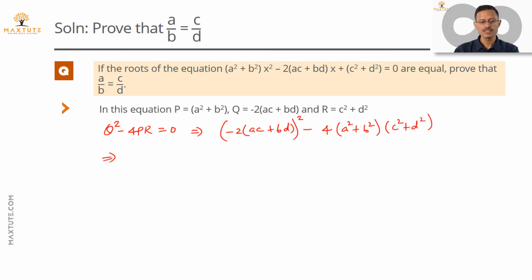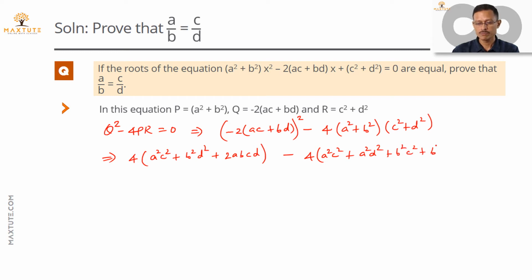Let's square this term, which is 4 into, of the form (x + y) the whole square, which is x², a²c², plus y², which is b²d², plus 2xy, which is 2 into ac into bd, we'll write it as abcd, minus 4 into (a²c² + a²d² + b²c² + b²d²). So this is what we have.